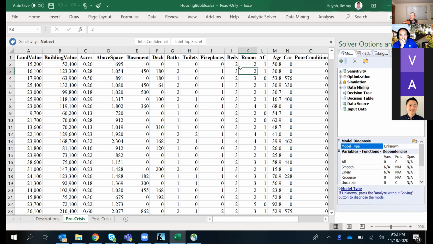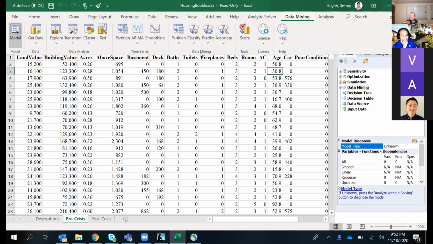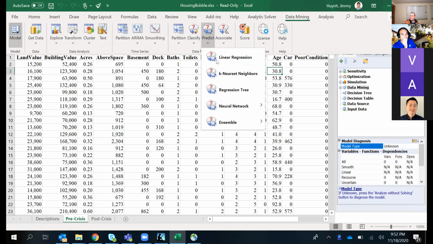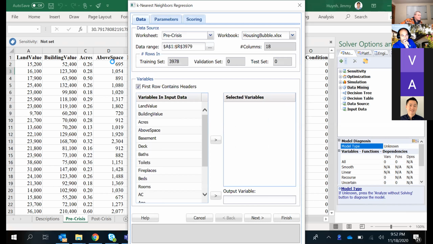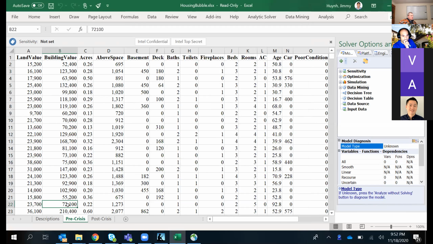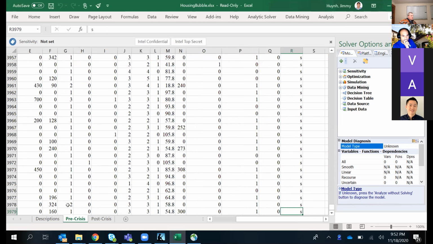Okay, let's try this. I'm gonna go to data mining, predict, and data range. Let me see if I pulled all the data. Yep, that did it.